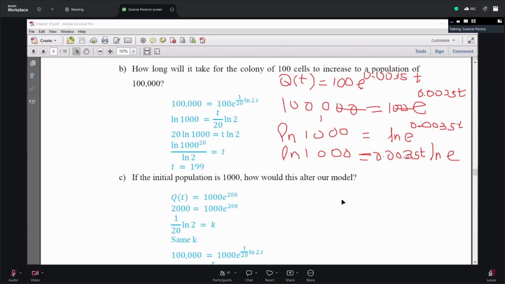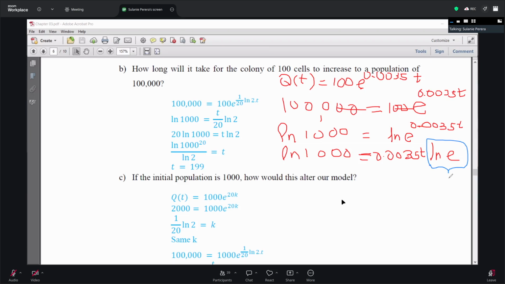So what is the value of ln e? Again, you should be familiar with this. When I say ln e, what's the value of ln e? ln e is 1. e is 2.718, but here I'm talking about ln e.